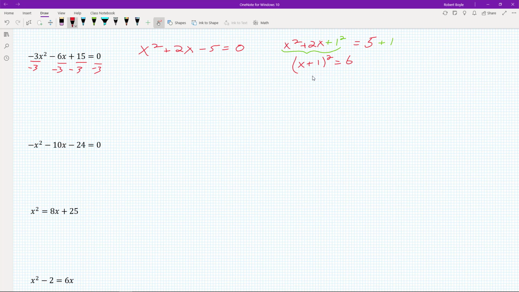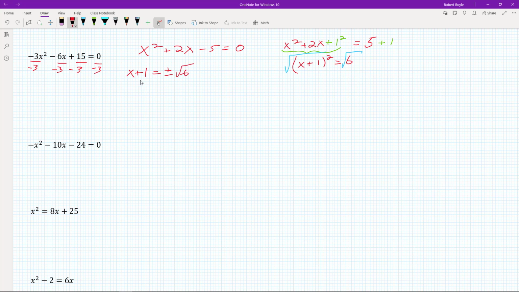Once we get it to this point, we can use the square root method to solve this problem. We can take the square root of both sides, and we will have that x plus 1 is equal to plus or minus the square root of 6.